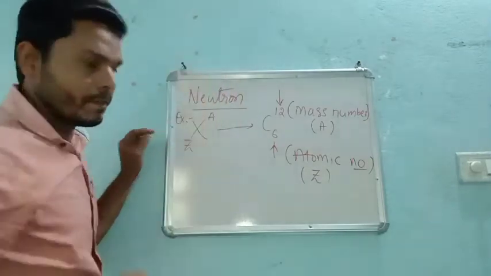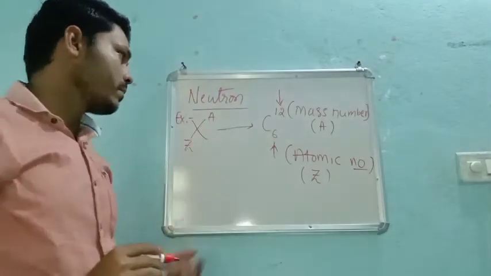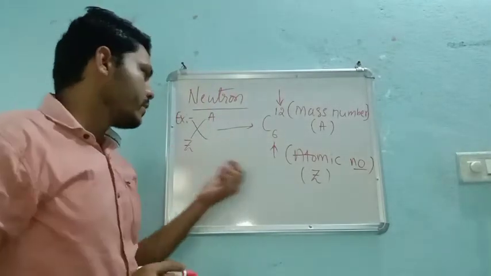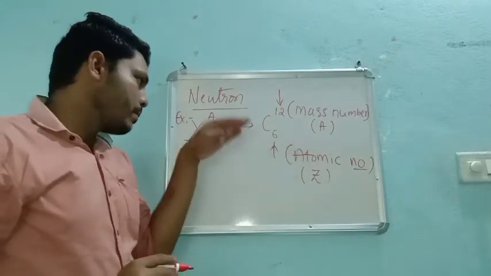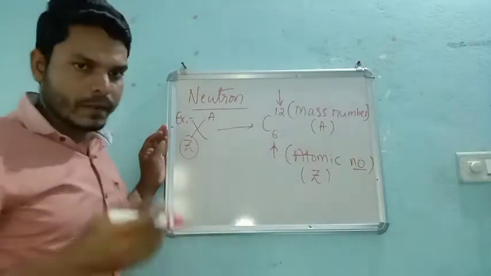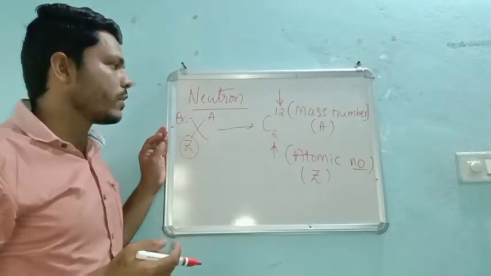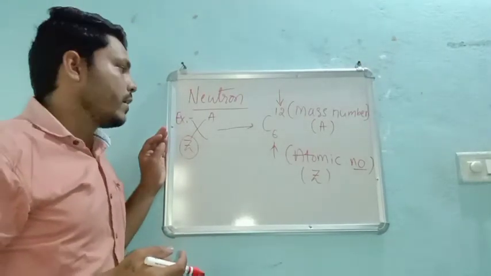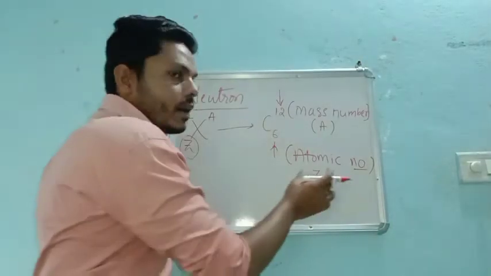Always the upper number will be the mass number, and the lower number present in the element is nothing but the atomic number.